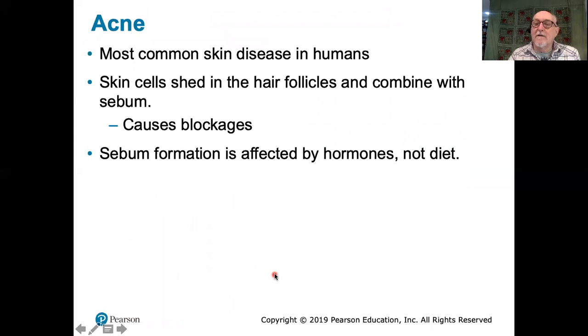Okay, so here's one disease which probably we've all had to one degree or another. Some people have a much worse time with it than others, and that is acne. And acne is very, very strongly associated, of course, with puberty.